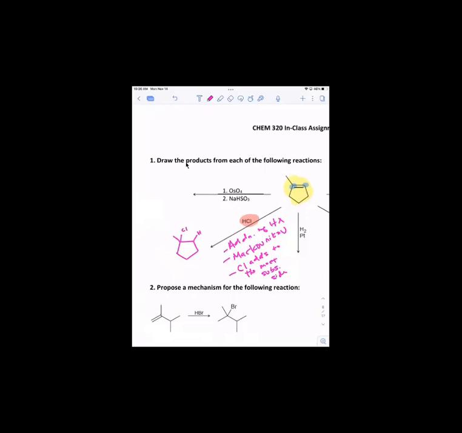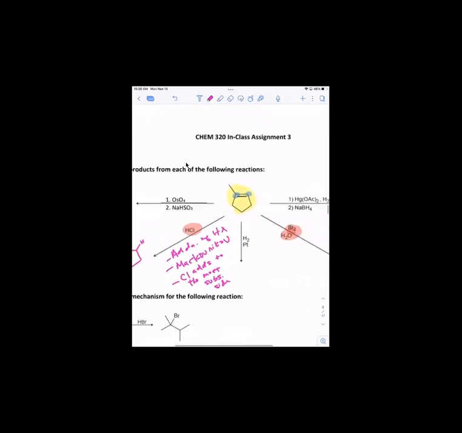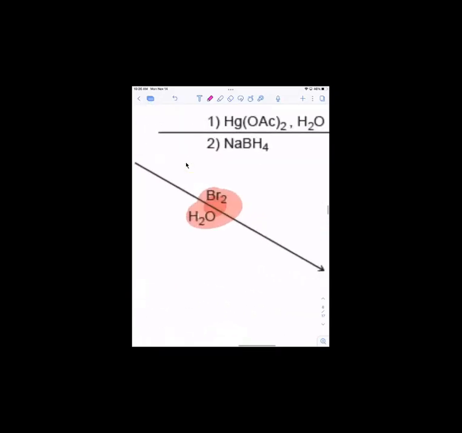All right, so that reaction is addition of HX. Over here, we just did this, right? This is what? Somebody tell me what that reaction is. I got Br2 and I'm doing it in water as the solvent.